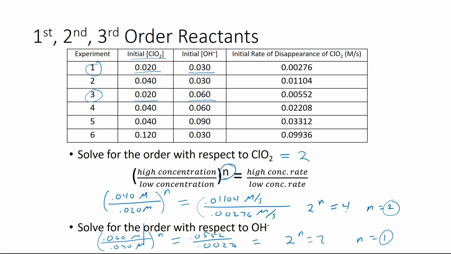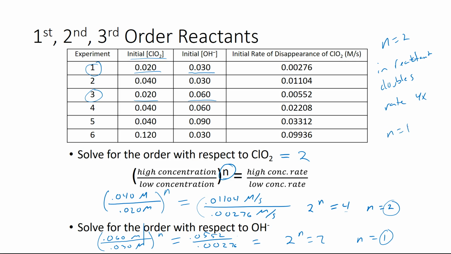All right. Now, what does that mean? Okay, so if n equals 2, then that means if the reactant doubles, the rate goes up 4 times, right?